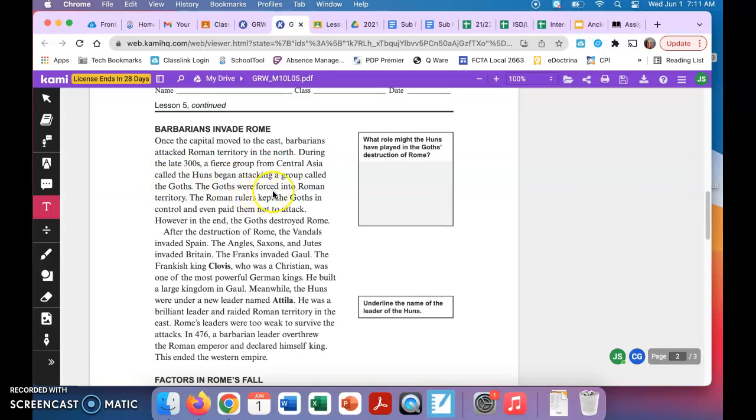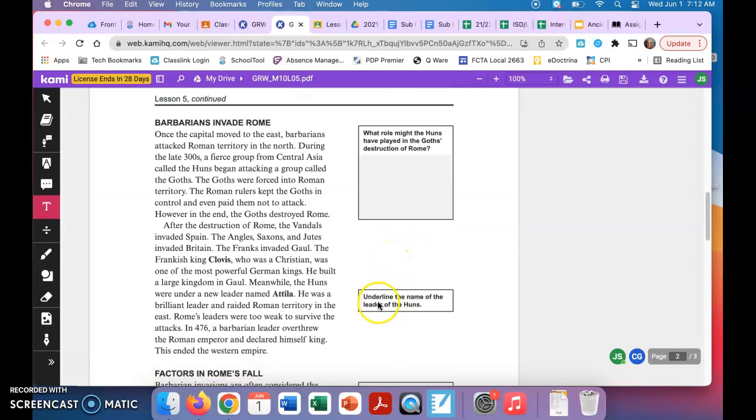The Goths were forced into Roman territory. Roman rulers kept the Goths in control and even paid them not to attack. However, in the end, the Goths destroyed Rome. So the answer for this question is not going to be right in your reading. You've got to kind of think, what role might the Huns have played in the Goths' destruction of Rome?